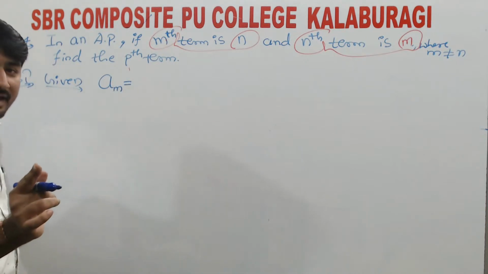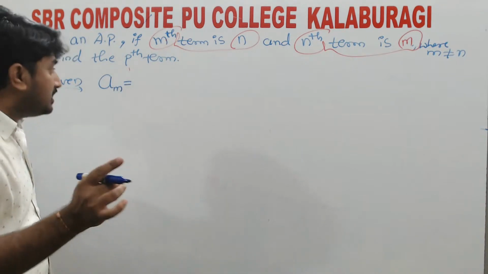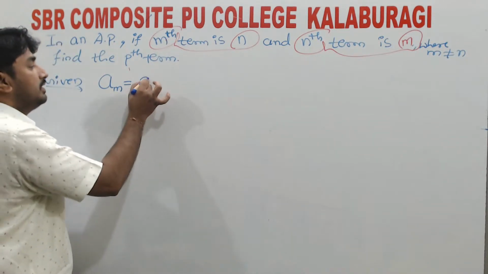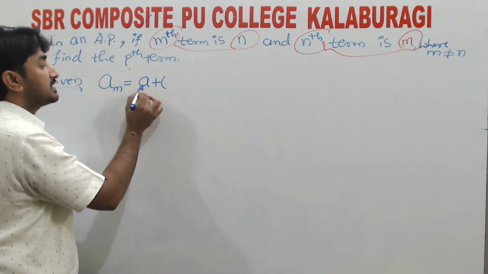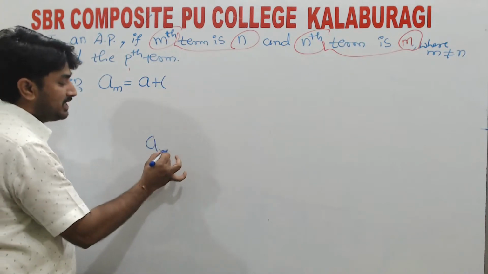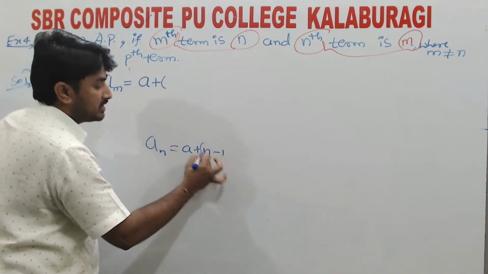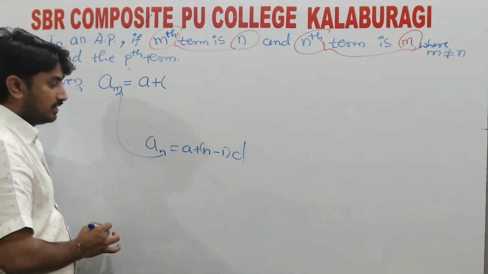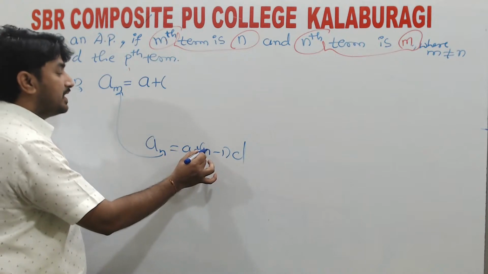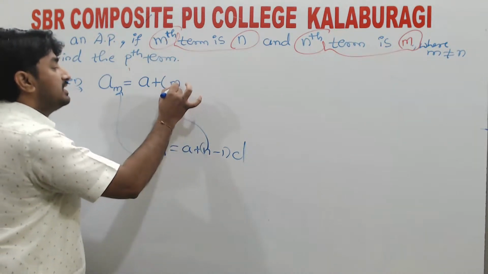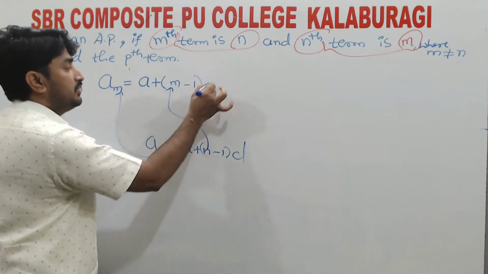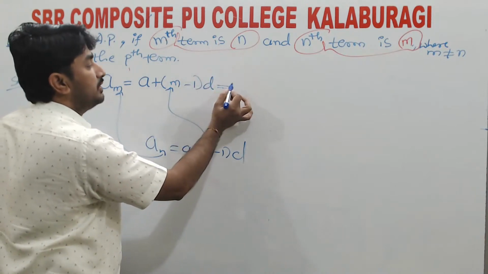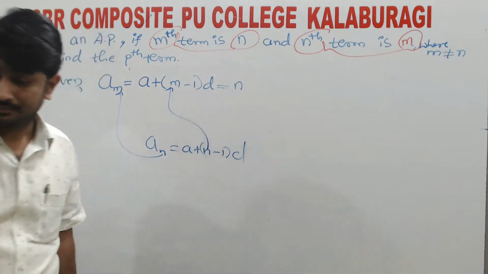In place of n in the general formula a n equals a plus n minus 1 into d, I am taking m. So a plus m minus 1 into d is equal to n.